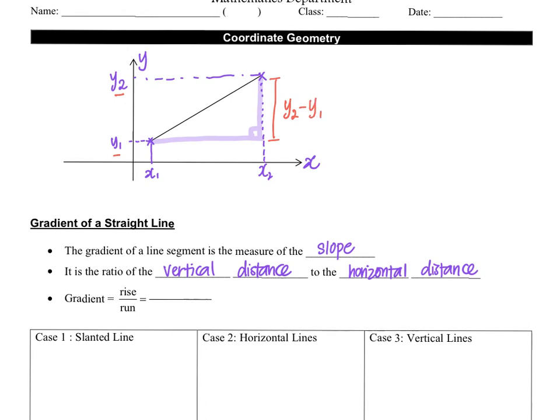And then I have my run, which is the distance between x1 and x2, so it will be x2 minus x1. So in other words, gradient is given by the formula y2 minus y1 over x2 minus x1.